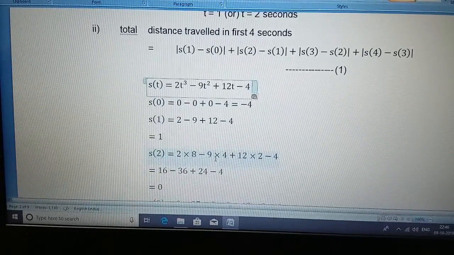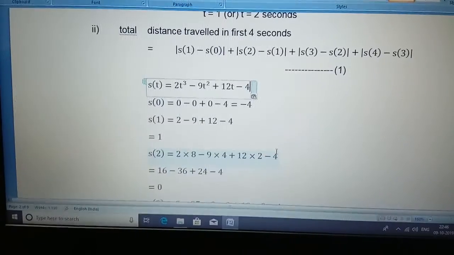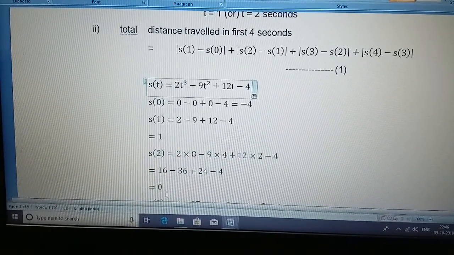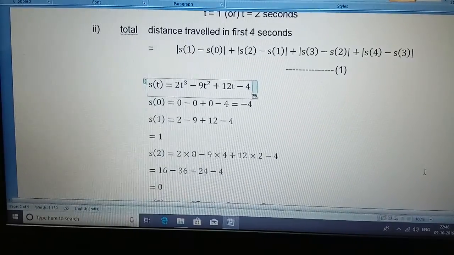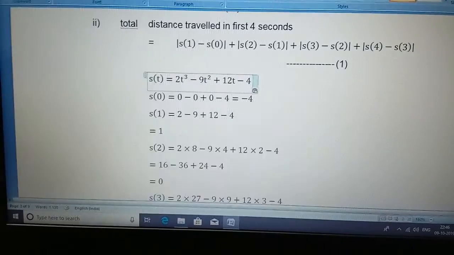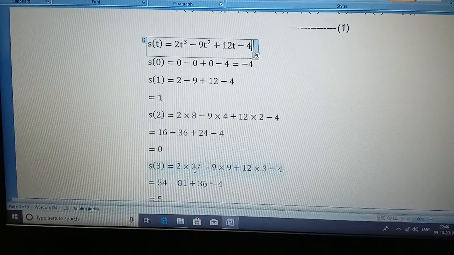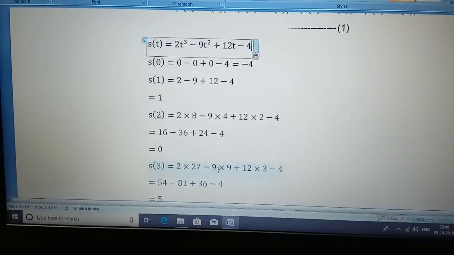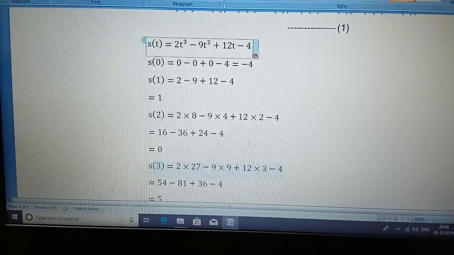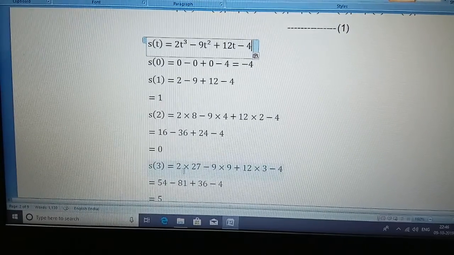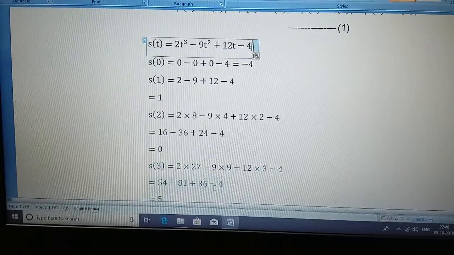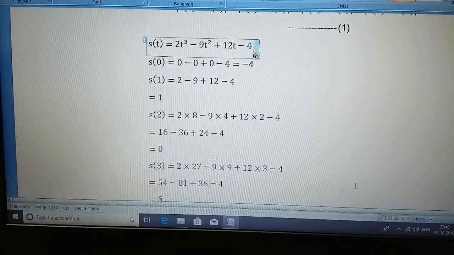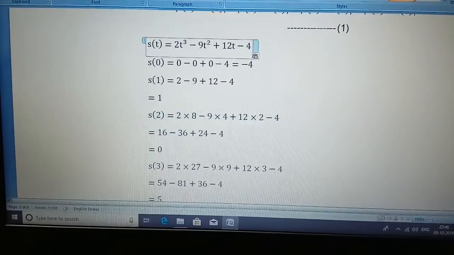So 16 minus 36 plus 24 minus 4, and adding together we get 0. Then S of 3: 2 into 3 cube, that is 54, minus 9 into 9, that is 81, plus 12 into 3, that is 36, minus 4. Simplifying, we get 5.